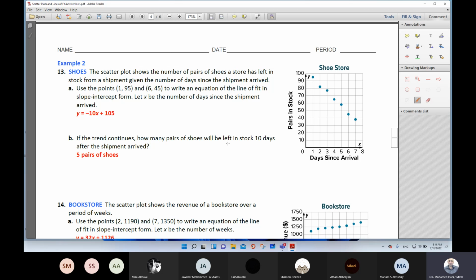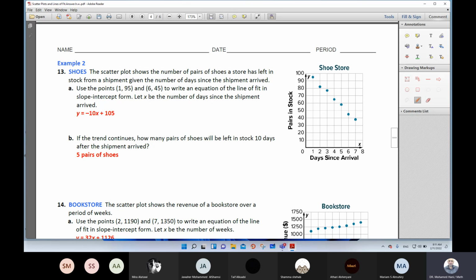In this example here, the scatter plot shows the number of pairs of shoes a store has left in stock from a shipment given the number of days since the shipment arrived.